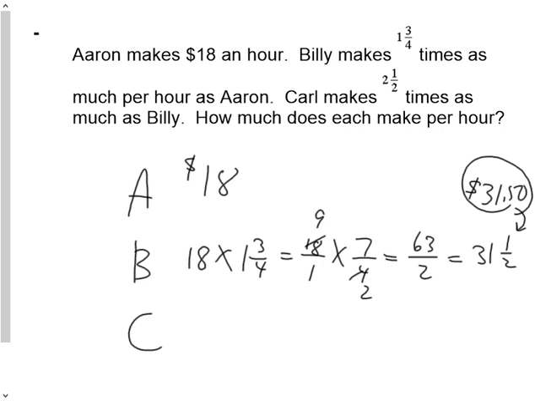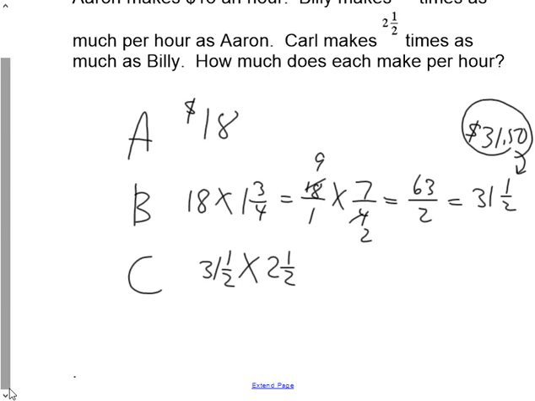Now it says Carl makes 2.5 times as much as Billy. So if Billy makes $31.50 multiplied by 2.5, we really have the multiplication of two mixed fractions this time. So we're going to make this into 63 over 2 multiplied by 5 over 2. That's going to be 315 over 4.